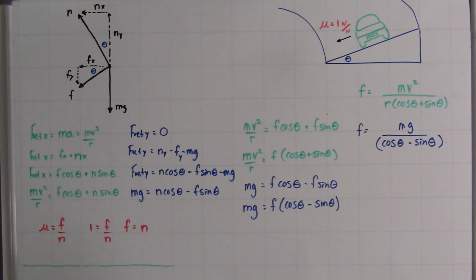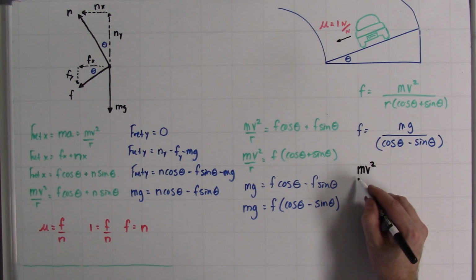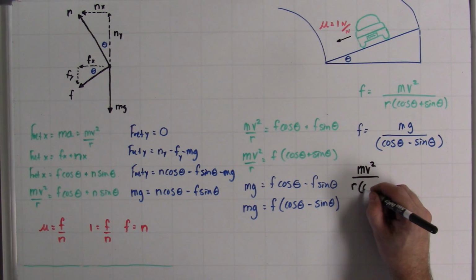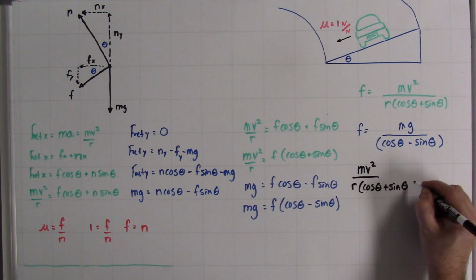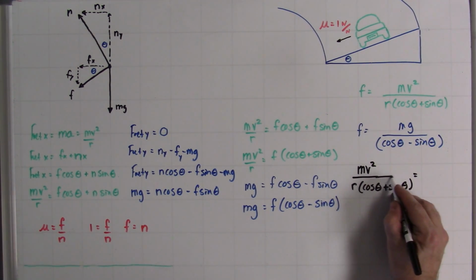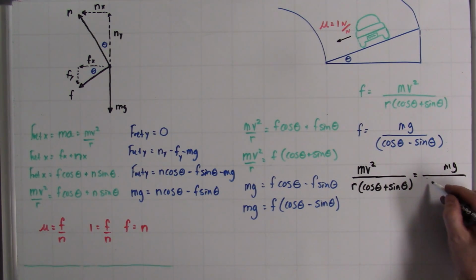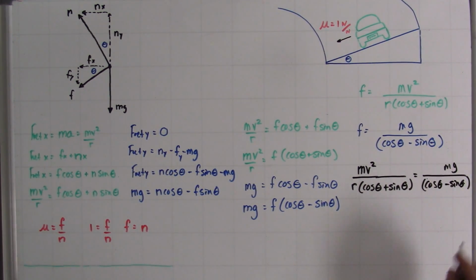And if I set those equal to each other, I get a new statement. I end up with mv squared all over r, cosine theta plus sine theta, is equal to mg divided by cosine theta minus sine theta.